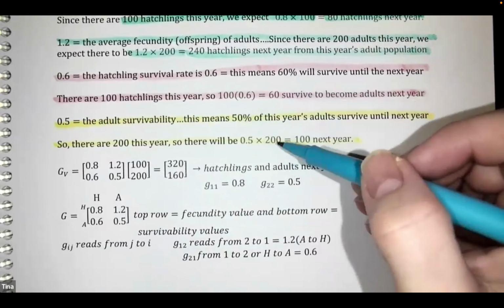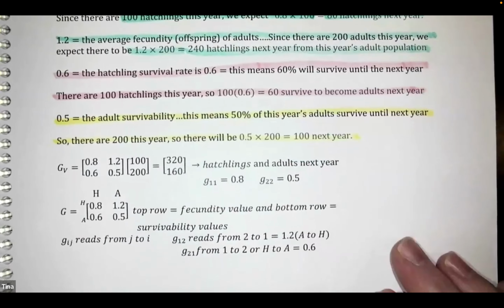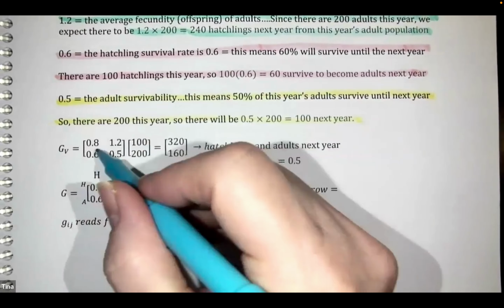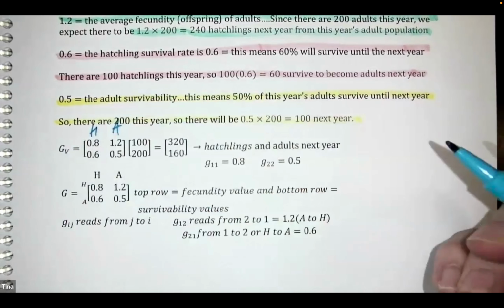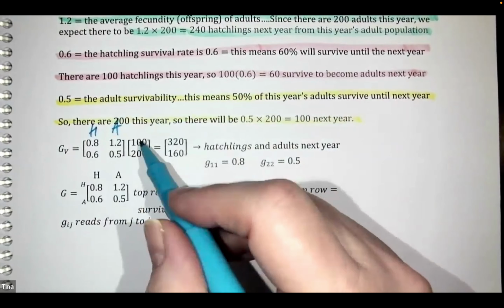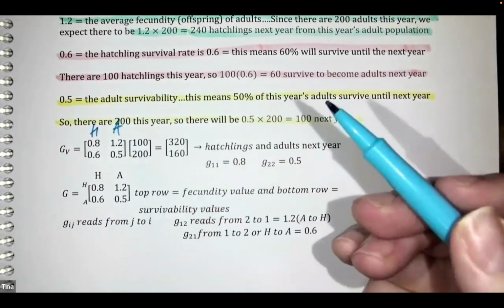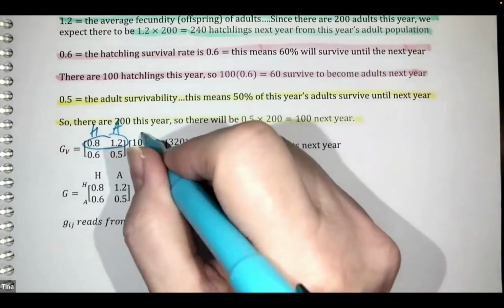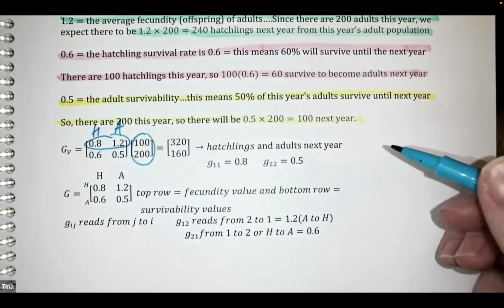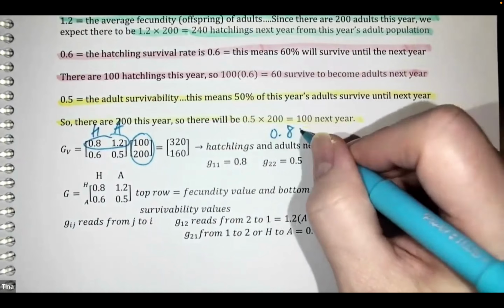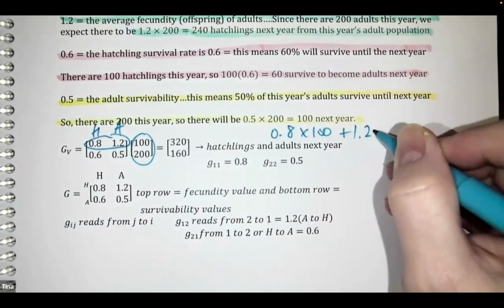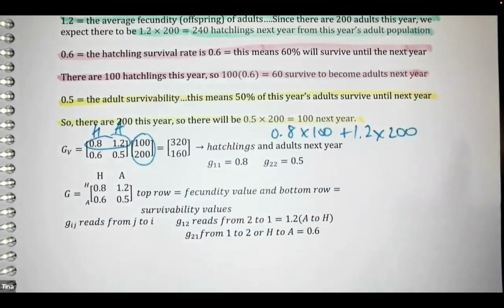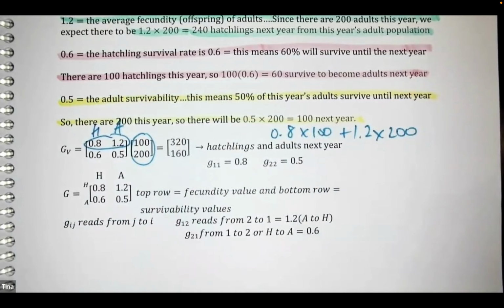So you can do each of these numbers separately, or you can look at the H and A matrix times the vector for 100 hatchlings and 200 adults right now, and do the product like I showed you in the other one, right? So 0.8 times 100 plus 1.2 times 200, and that's our 320.